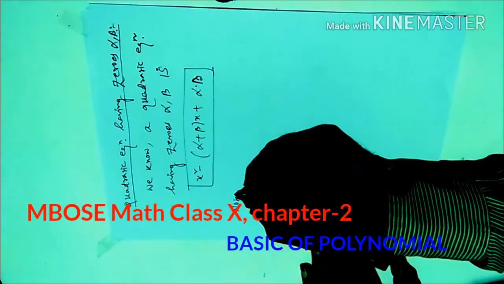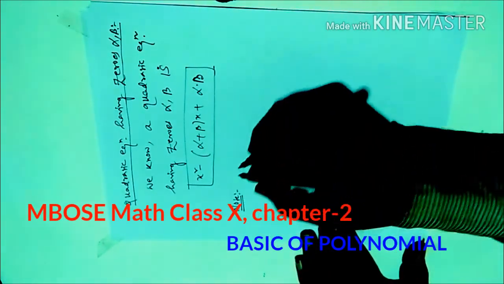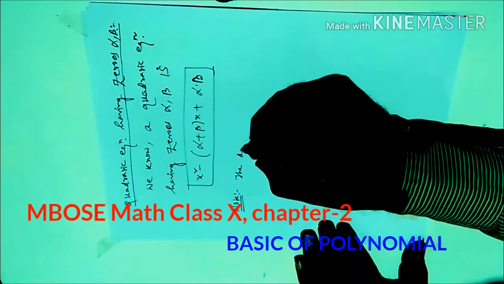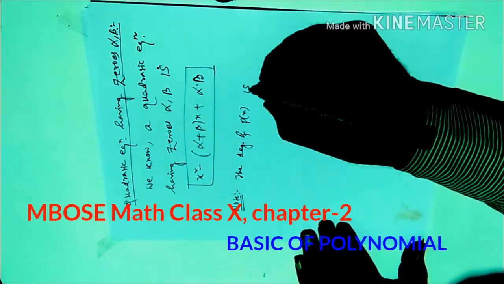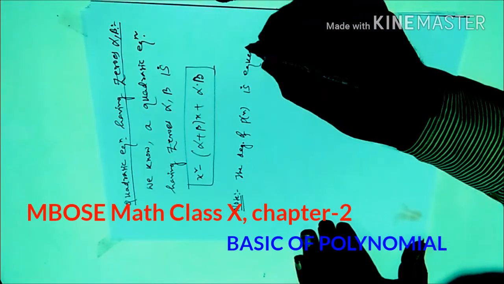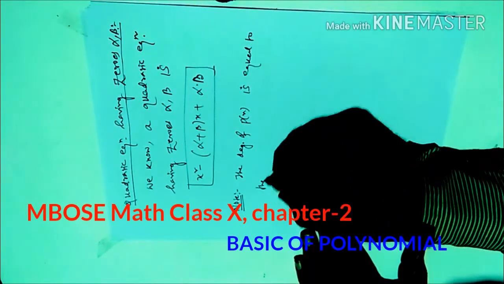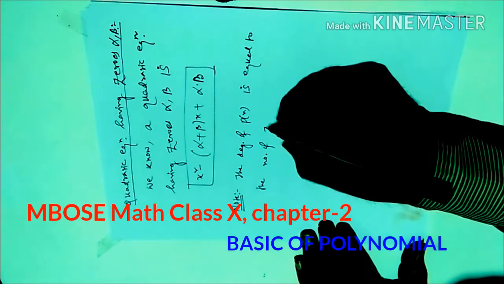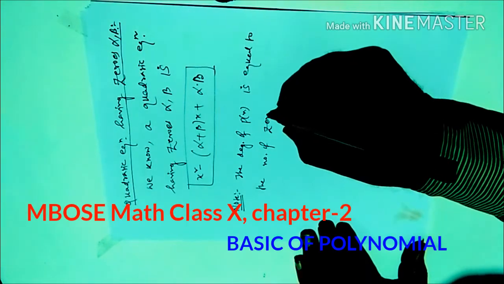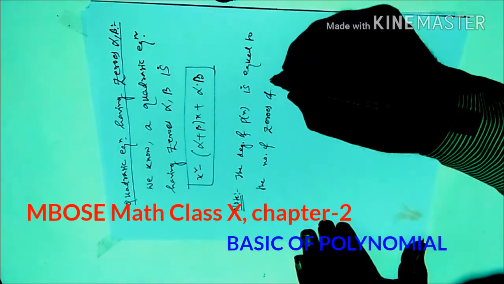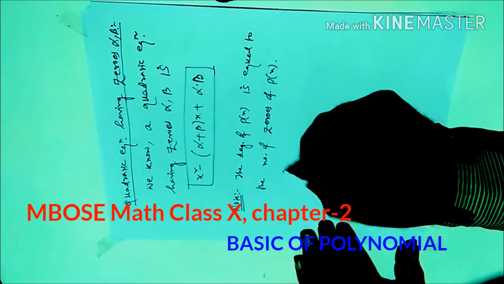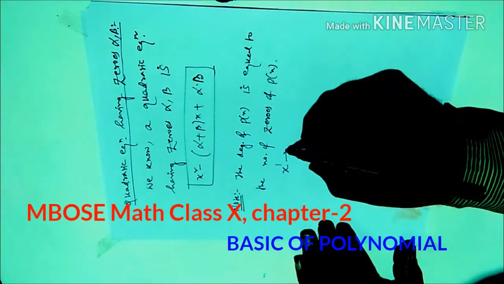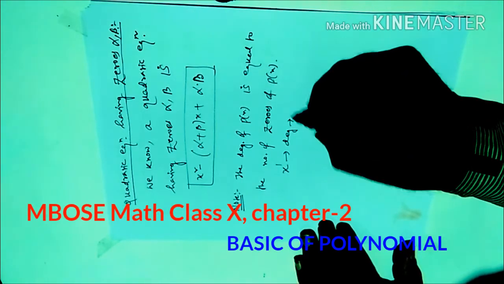Next, one note I'll also share with you. The degree of the polynomial is equal to the number of zeros of the polynomial. Let me give an example. Suppose here x power 1, then what degree do you get?